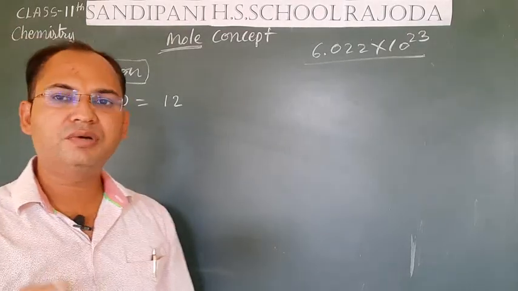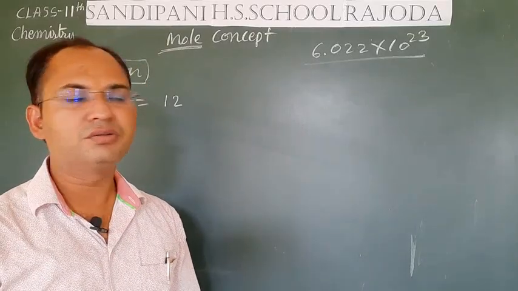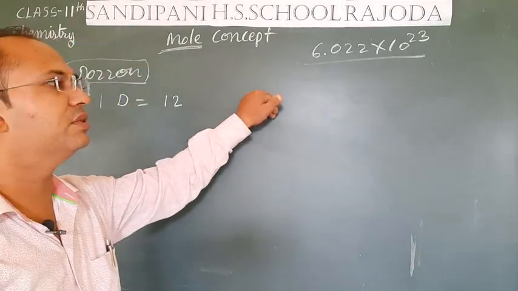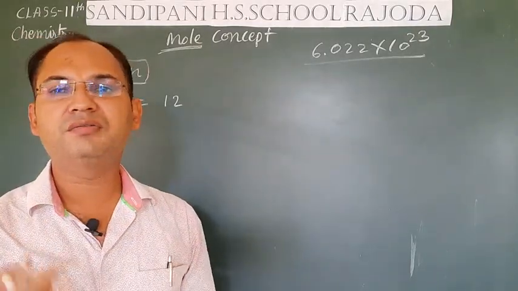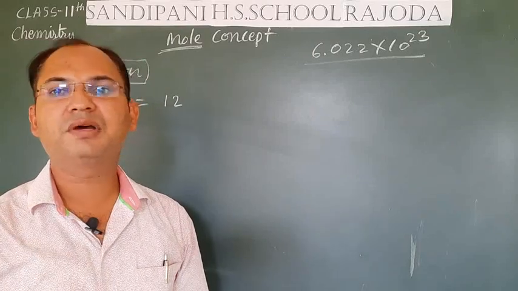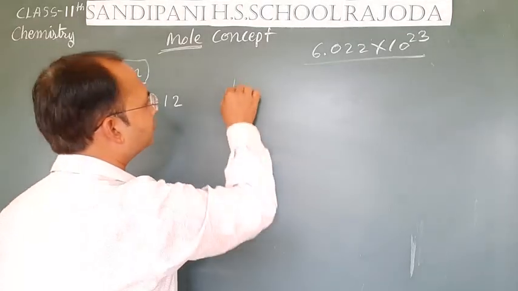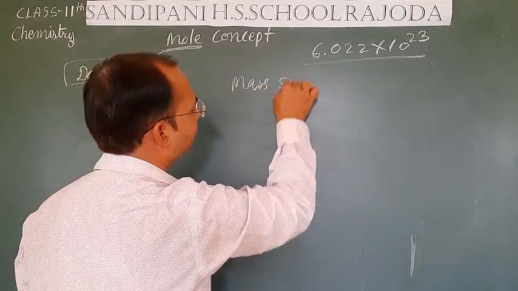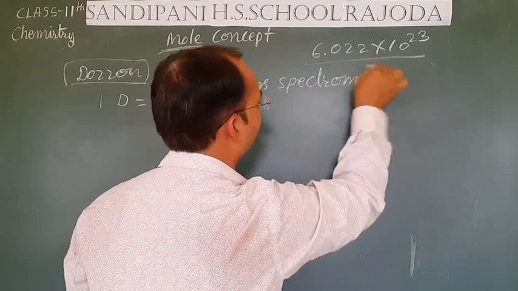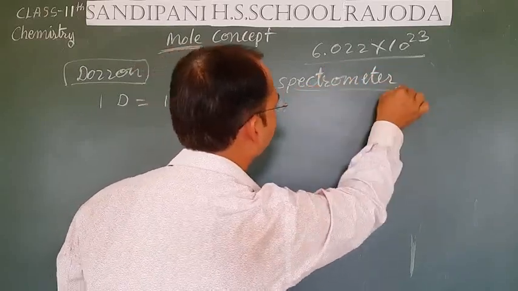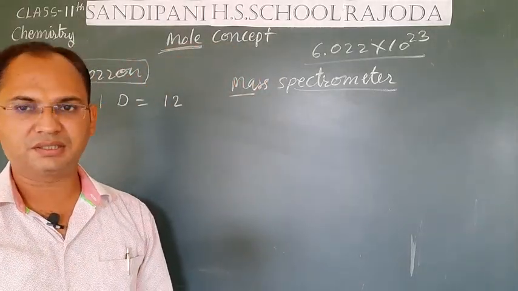Now see how this number was invented. In order to invent this number, the mass of one atom of carbon 12 was measured with the help of a mass spectrometer. A mass spectrometer is the most accurate balance for measuring the weight of microscopic particles.